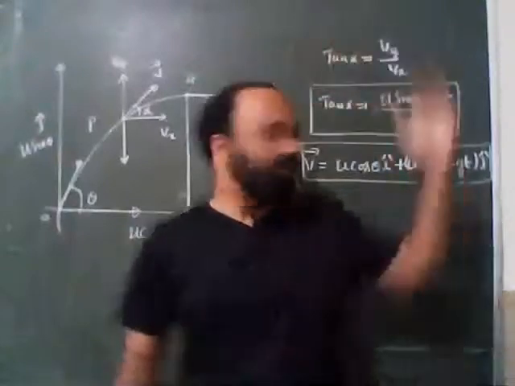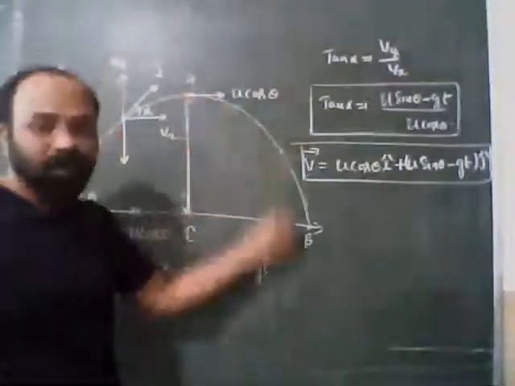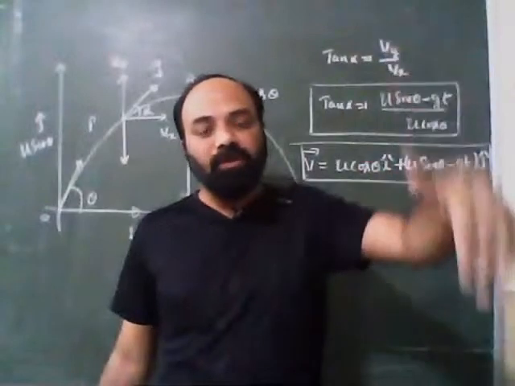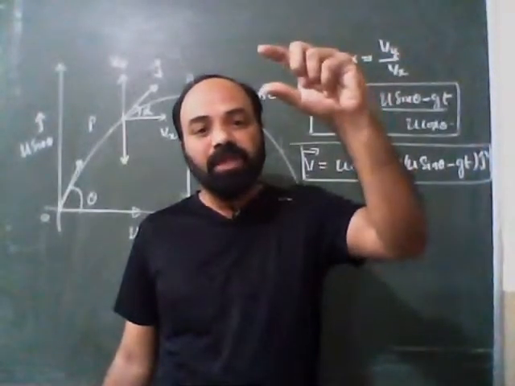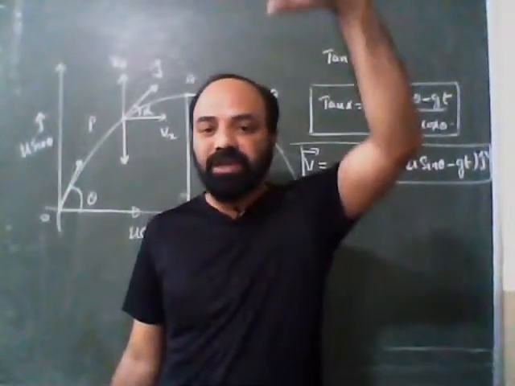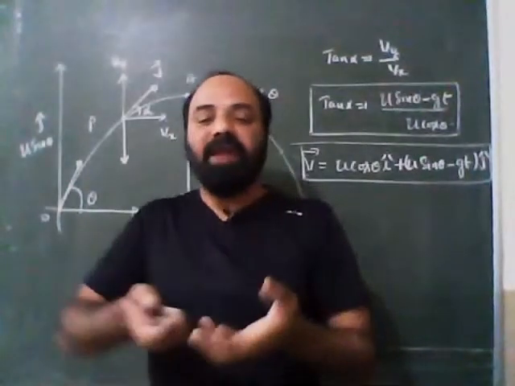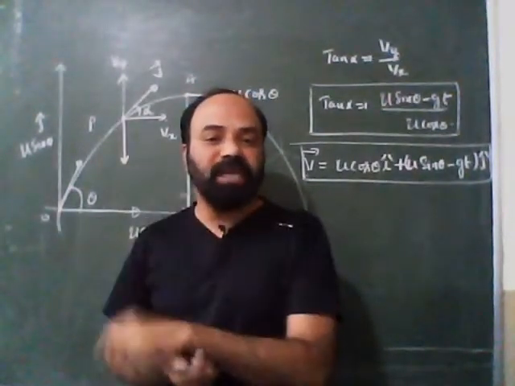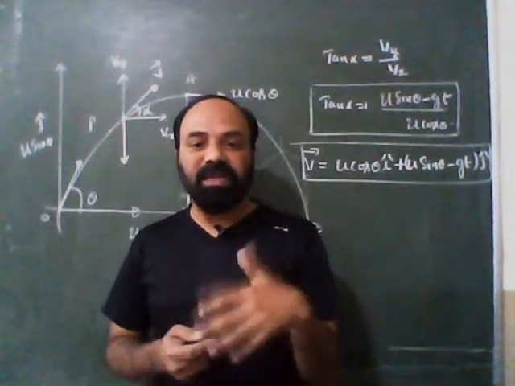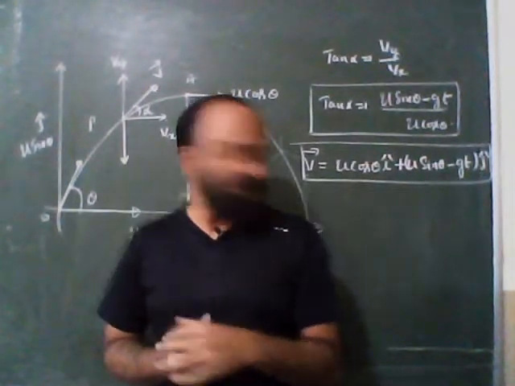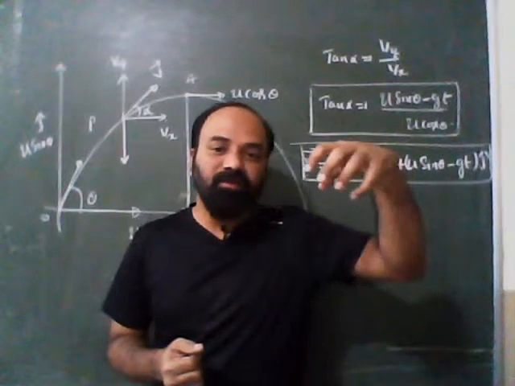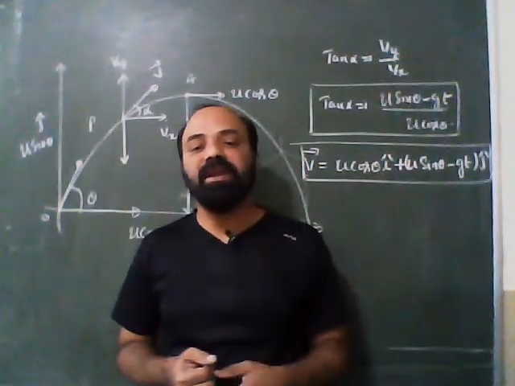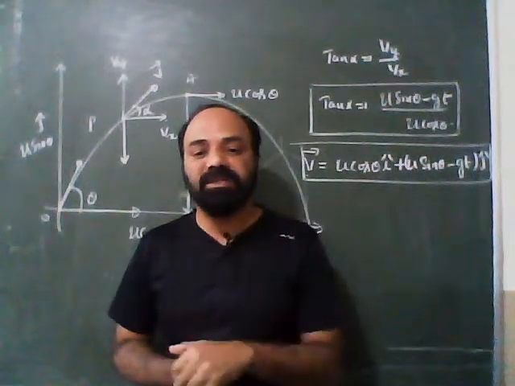In the case of descending, from A to B, the body is coming down again. It is coming down means height goes on decreasing, and striking velocity increases. The striking velocity formula is root 2gh. The body is freely falling, and by the formula v equals u sin theta minus gt, velocity increases. Again kinetic energy increases and potential energy decreases.